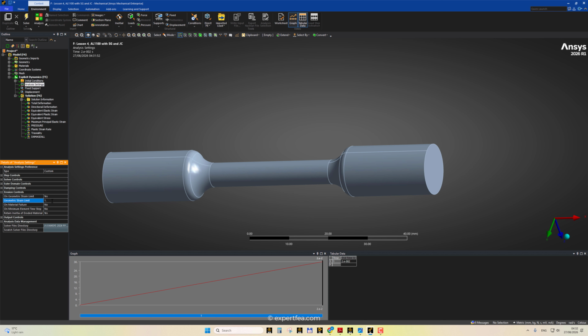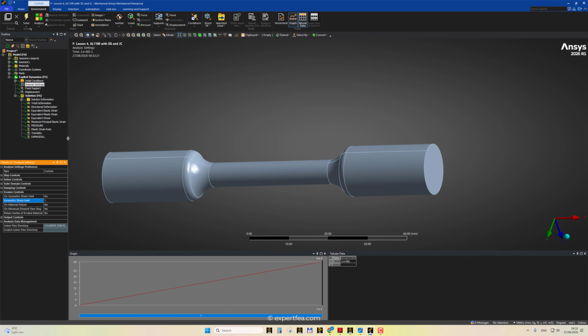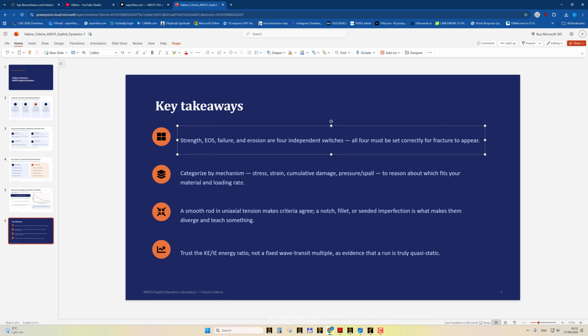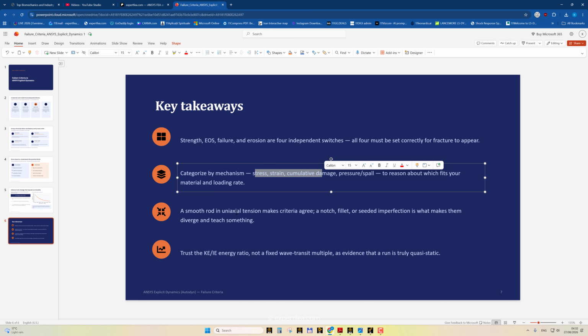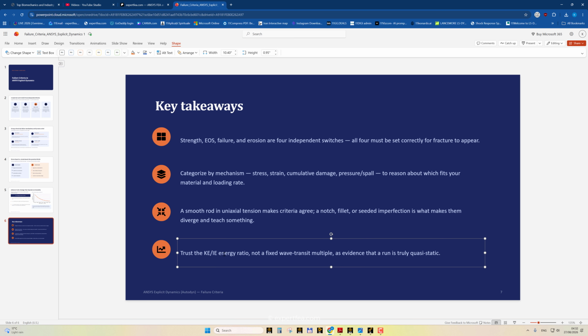Take this into account, all right? 1.5 is not necessarily the best when it shows that the part is enlarged or extended too much or unwanted. So we talked about stress, strain, damage; a notch or a fillet or something is needed.